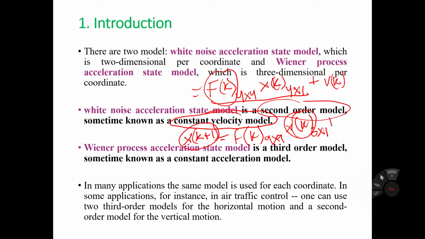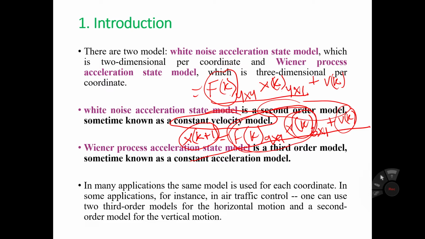If we add the white noise acceleration, like v of k, this is called the process noise. So this whole equation is the Wiener process acceleration state model, which adds white noise in the kinematic model to get the noisy object state for the next time step, x of k plus 1.